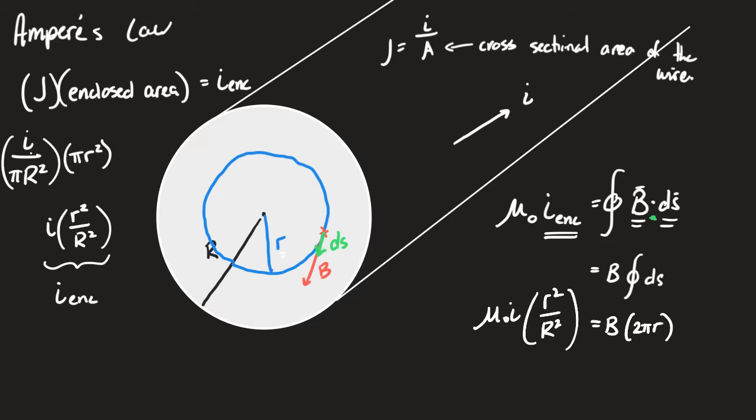Which, by the way, gives us kind of a weird result. When you solve this for B, you're going to get the mu naught I that we've come to expect and 2 pi capital R squared in the denominator times r. Right, one of the r's will cancel out.